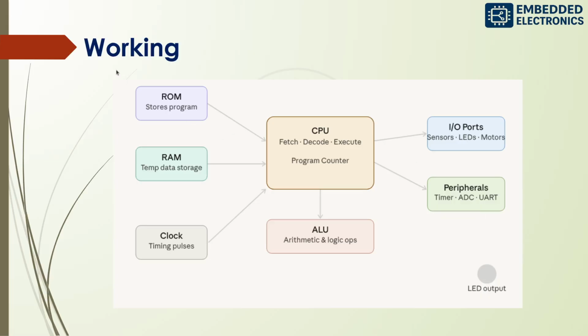So working. How does it work? A microcontroller is essentially a tiny computer on a single chip combining a CPU, RAM, ROM, in-out ports, peripherals, ALU, clock, etc. So how does it work?